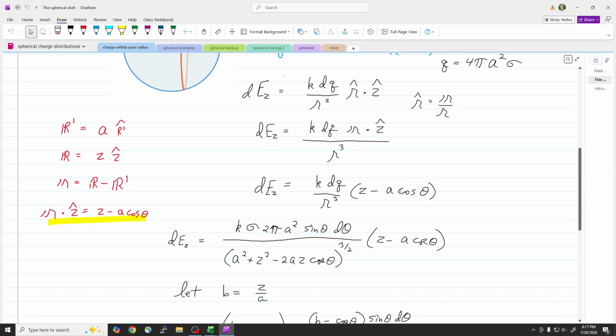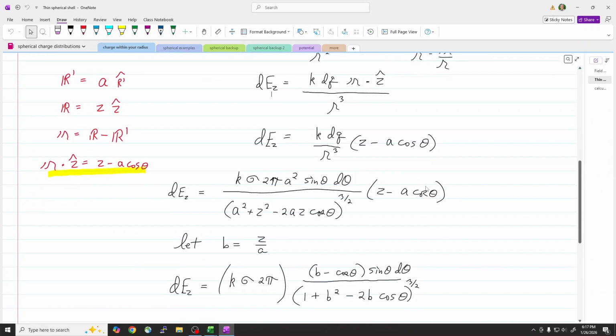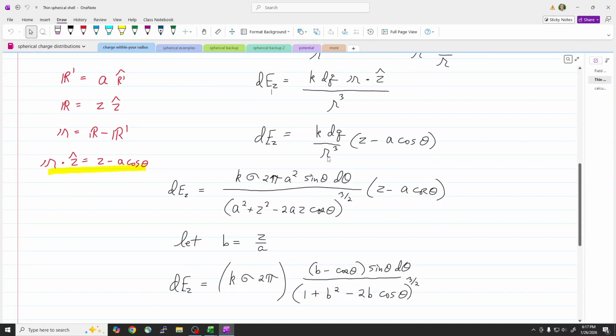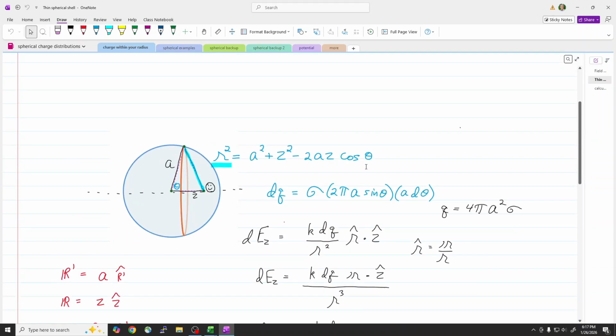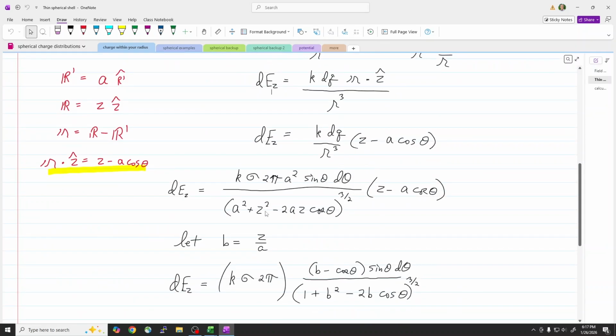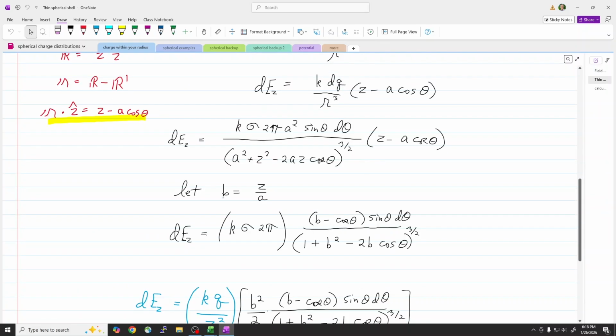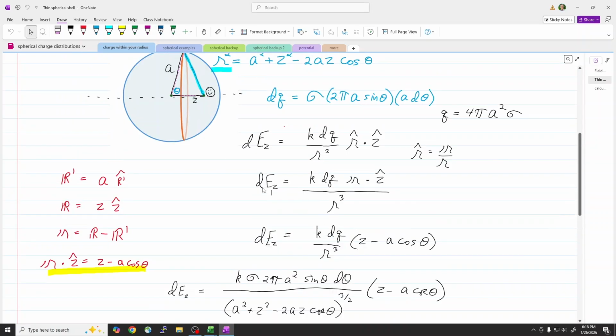So putting in my charge element and putting in the fact that r is the square root of a squared plus z squared minus 2az cos theta, and since that was cubed, I have that to the 3/2 in the denominator. So I'm going to let b be a parameter that's the ratio of z over a.